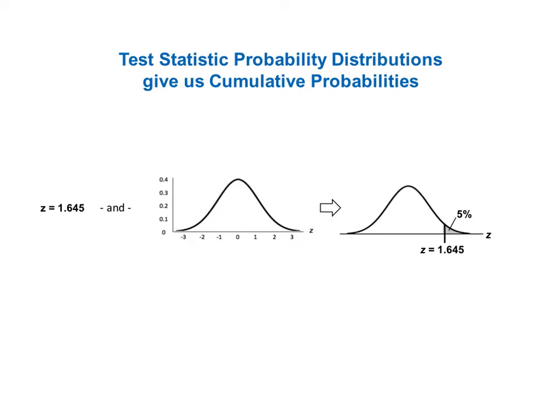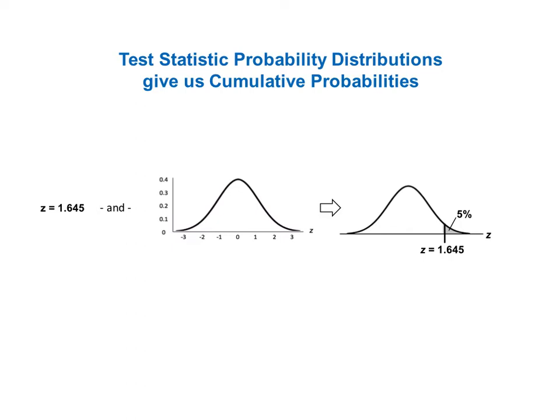Cumulative probabilities are plotted as areas under the curve of the probability distribution of a test statistic. If we have a value for Z, say Z equals 1.645, we can plot it on the horizontal axis, the Z-axis, of the probability distribution of Z. The cumulative probability of the range of values from Z rightward to infinity is calculated as the integral, the area under the curve from Z rightward.